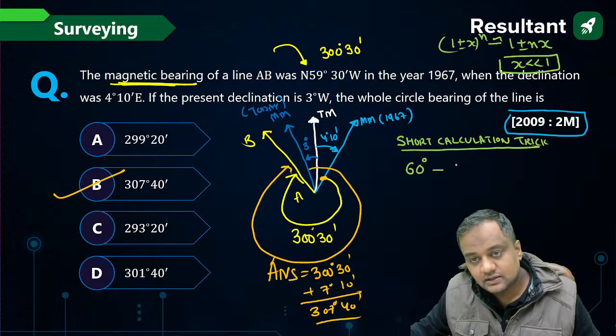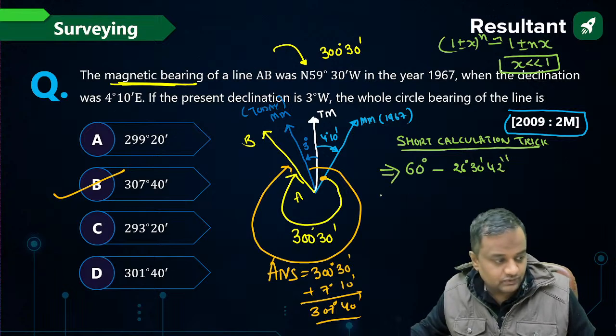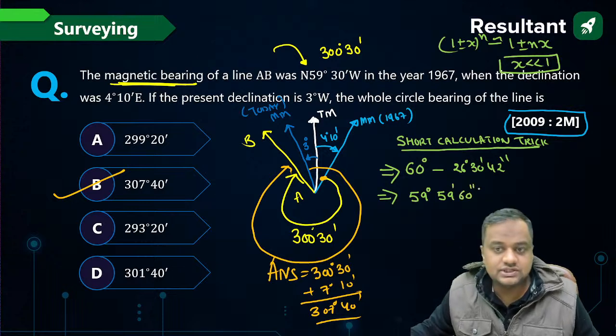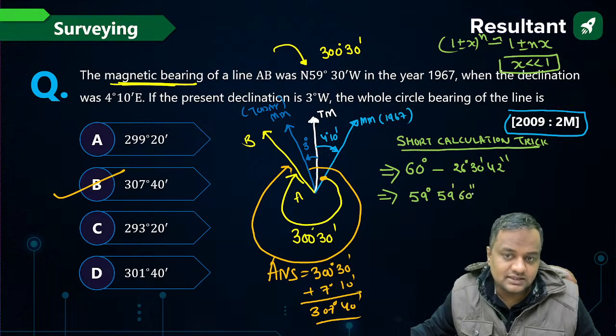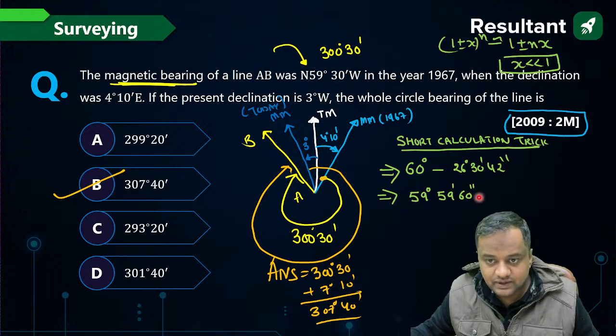60 degree minus 26 degree 30 minute 42 seconds. So if such an equation comes, you write 60 degree as 59 degree 59 minute 60 seconds. 60 seconds is 1 minute.